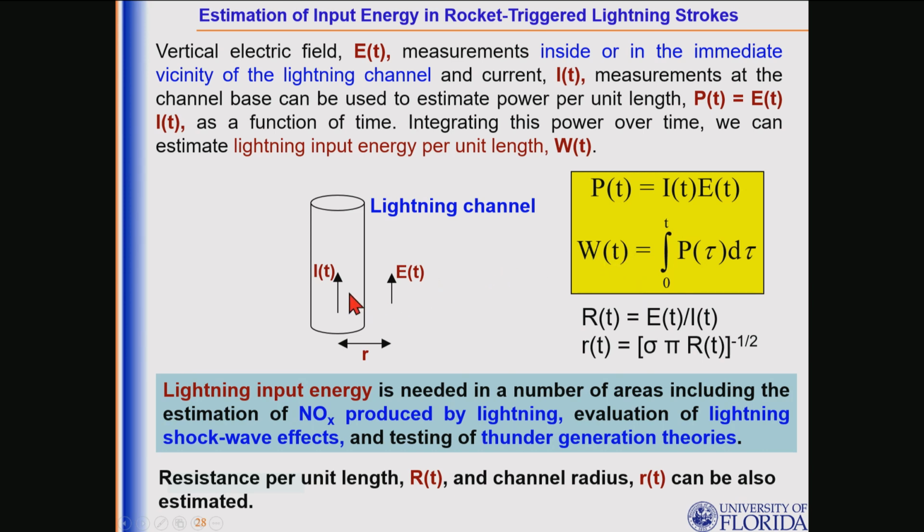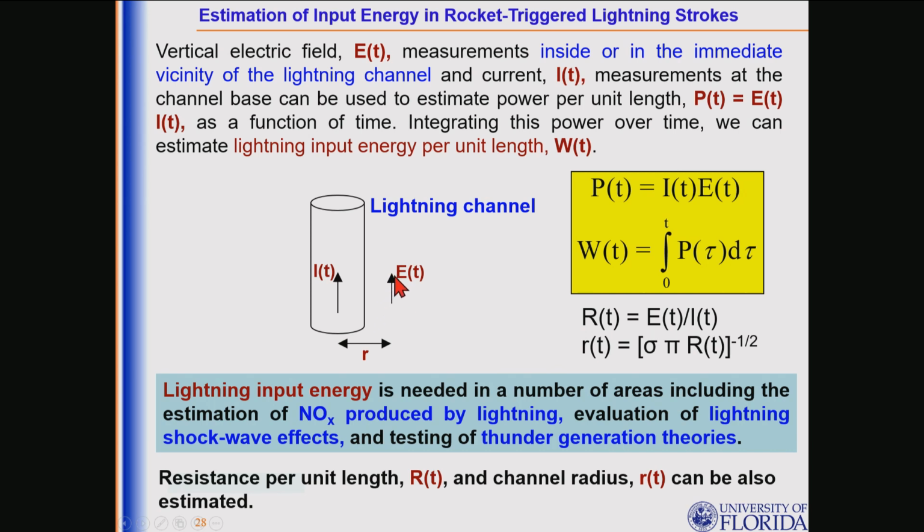The problem here is that measuring electric field inside the lightning channel is kind of difficult, but fortunately, if you measure it outside the channel but close enough, you don't make a significant error. In fact, the tangential component of electric field is continuous across any boundary. So if we measured on the surface of the channel, it would be the same as the field inside the channel.